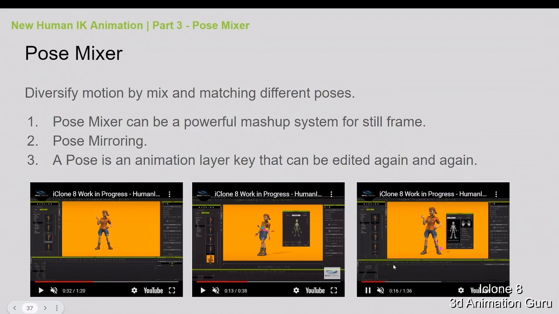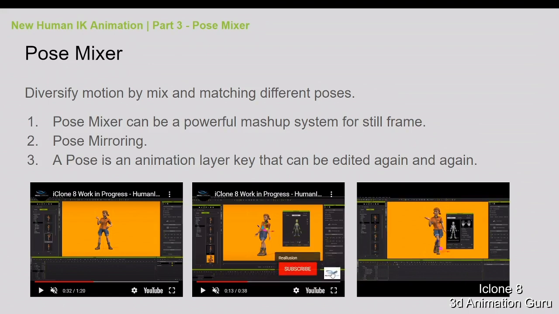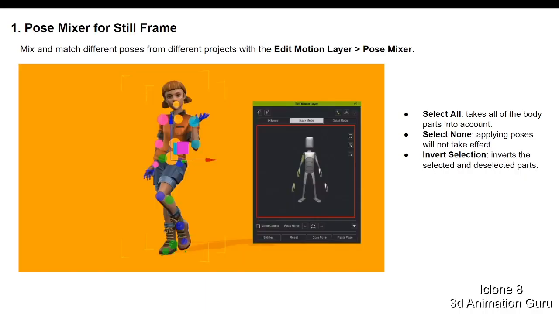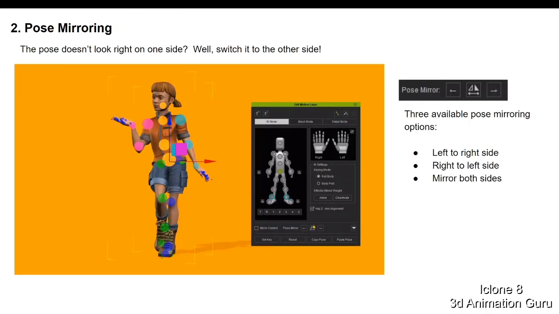So you see, you can try to do something like that. They are just trying to show you the pose mix for a still frame. That one we have seen on the video, and pose mirroring, left to right side, right to left side, and mirror both sides. And then we have this one, you can edit again.